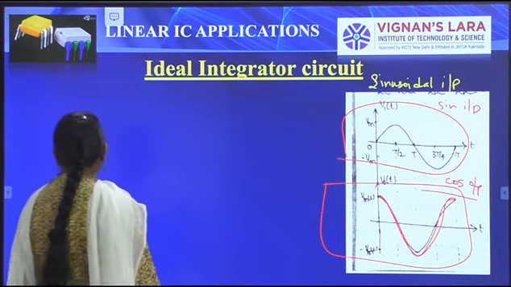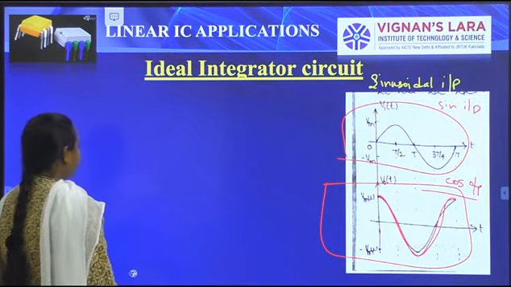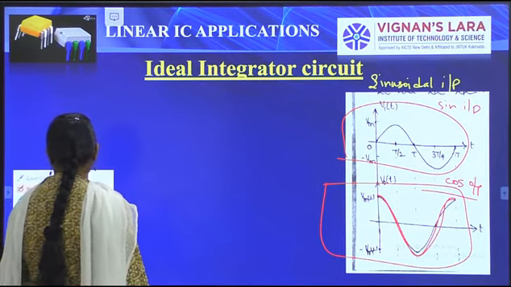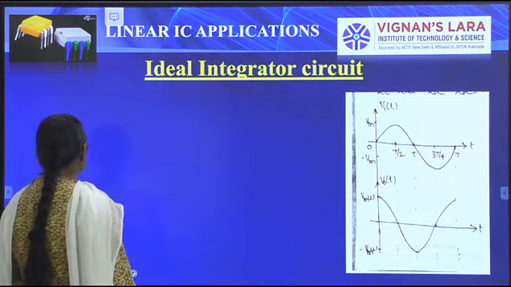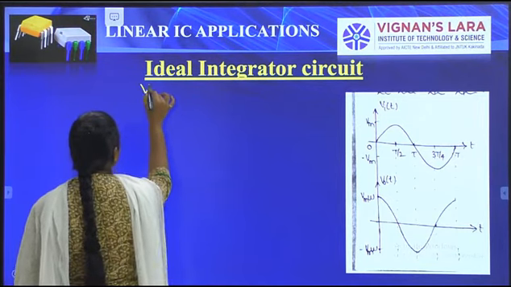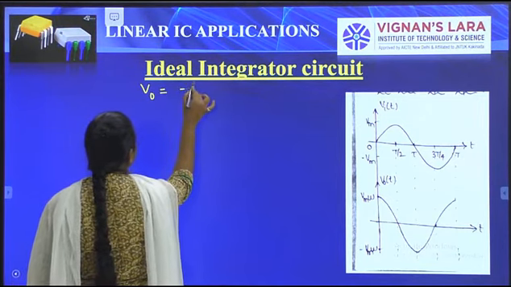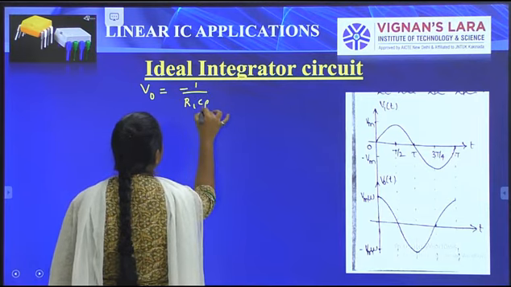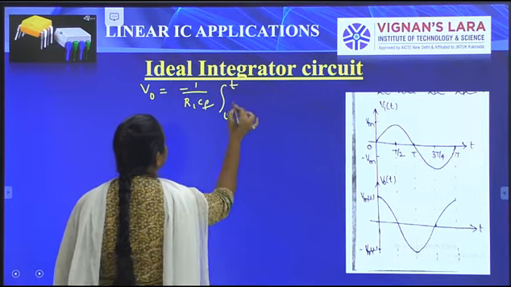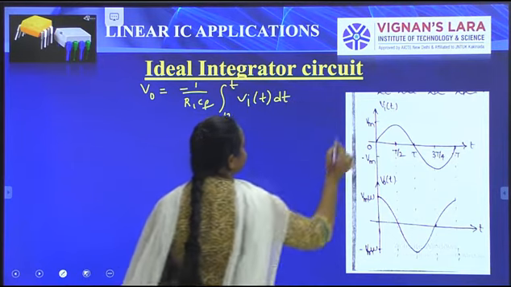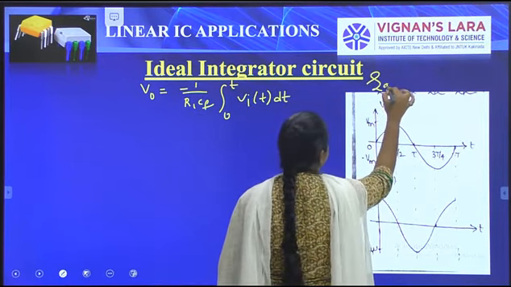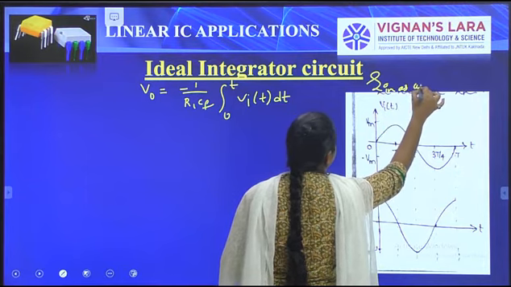So here we write down the equations for that. We have an output, V output is equal to minus 1 by R1 CF integral 0 to t Vi of t into dt. Here we are taking sine as an input.